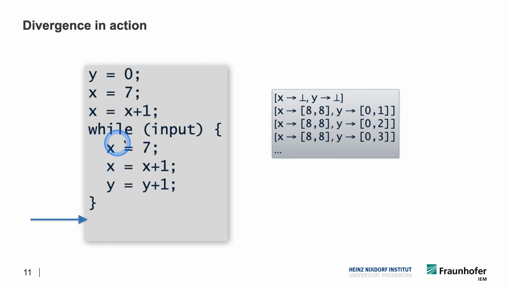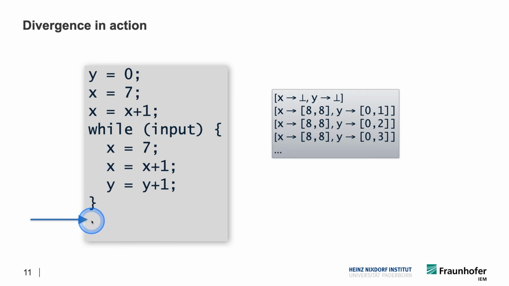And then in each and every single iteration, y is actually being increased by 1. At the same time, before the loop, the variable x has the value 8. And then here, within each single loop iteration, it also obtains the constant value 8.